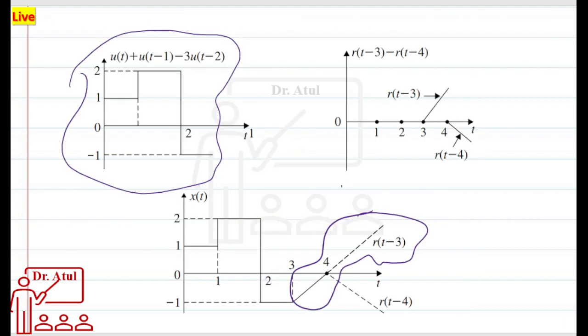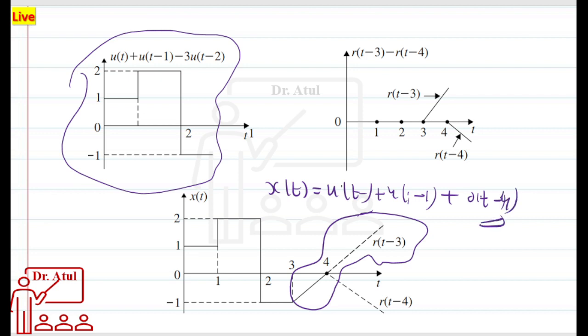So now you can write that x of t is equal to u of t plus u of t minus 1 and plus r of t minus 3 at 4.